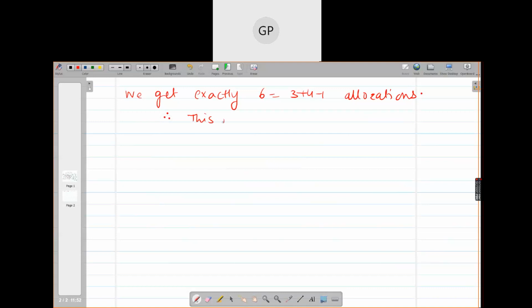Therefore, this is a non-degenerate IBFS. We are going to modify the definition of non-degenerate IBFS once we define the allocations at independent positions. Right now, I'm not defining it. Right now, you just try to understand that it should be equal to exactly m plus n minus 1. M is the number of sources, n is the number of destinations.